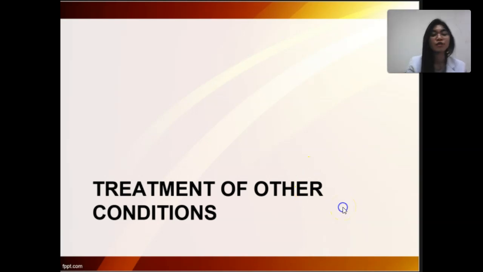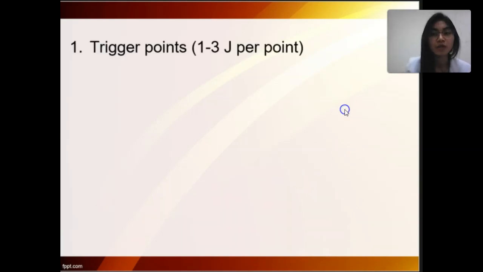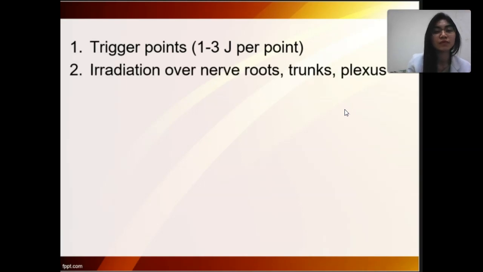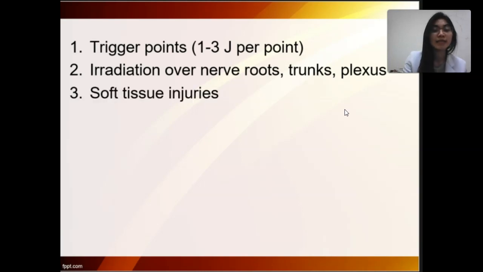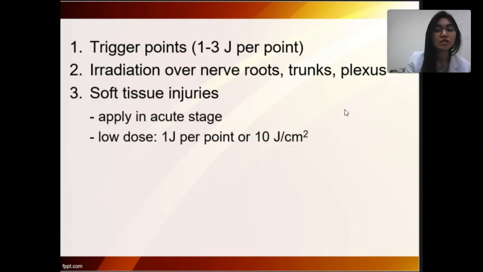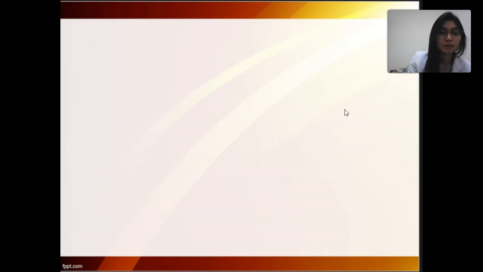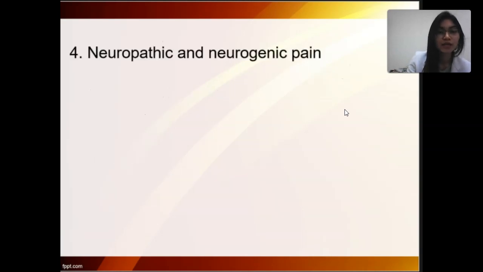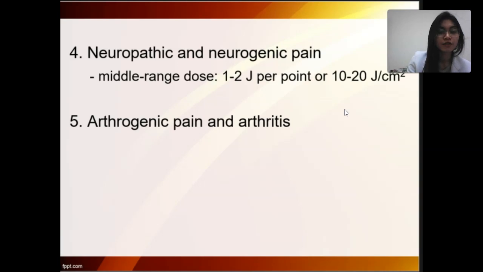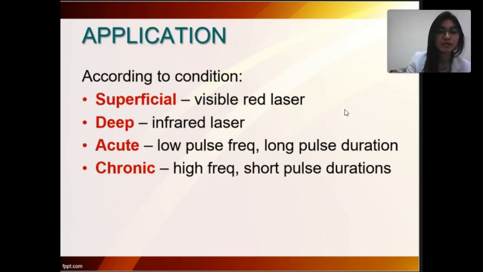Treatment of other conditions. Okay? You have trigger points, irradiation over nerve roots. Okay? I-discuss natin ito pagdating natin sa lab. Okay? Soft tissue injuries. Okay? Neuropathic and neurogenic pain. Arthrogenic pain and arthritis. Okay?